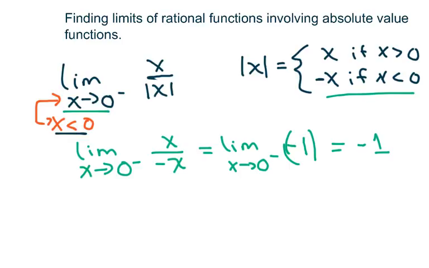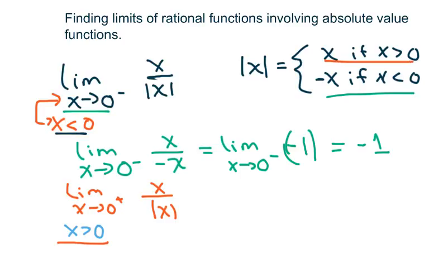Let's try the right side limit. So the right side limit would be the limit as x approaches 0 from the right, which basically all that means is that x is greater than 0, or x is positive. So this is x over the absolute value of x. So what we want to take is this one right here, because that's where x is positive. And we're going to substitute like we did before and write down your limit.